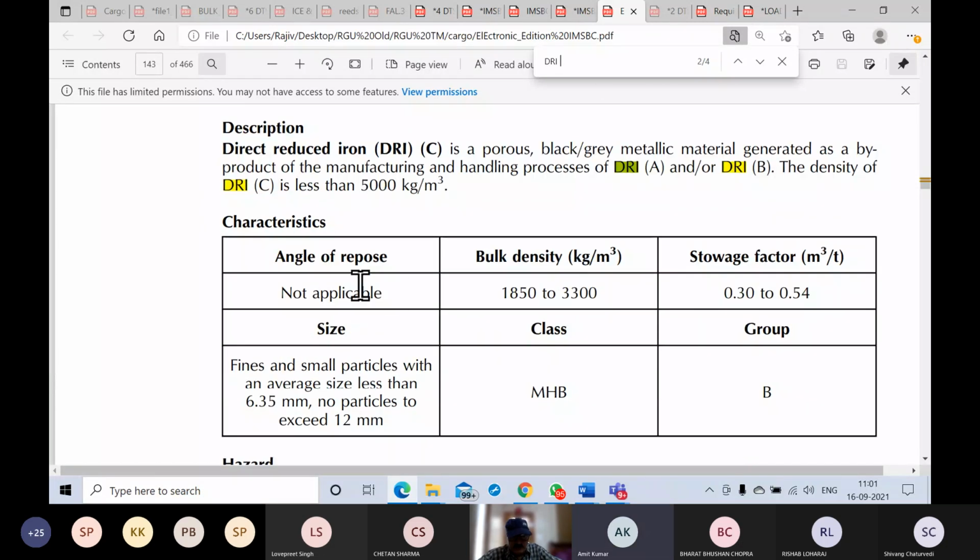It clearly states, angle of repose not applicable, bulk density is so much, storage factor is so much, class is MHB. What is MHB? Material hazardous in bulk, yes, absolutely. And group is B. B कौन सा है? Chemical hazards.